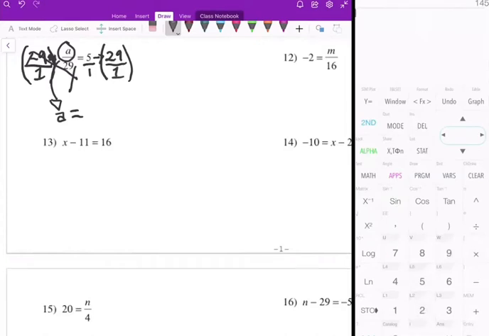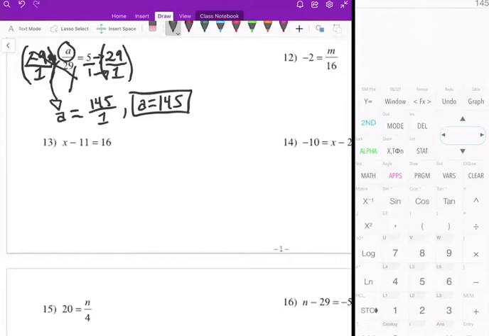So on top here, it's going to be 145. And now, 1 times 1 is what? Just 1, right? 145 divided by 1. And then your final answer is A is equal to 145. Sometimes you will need a calculator. That's how you find those.